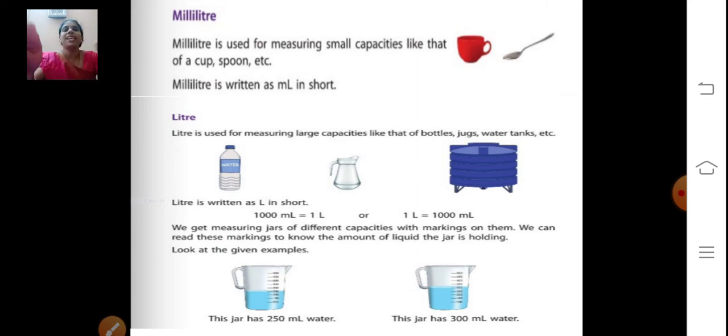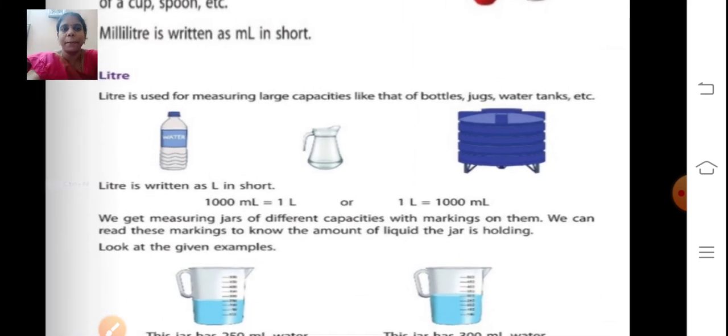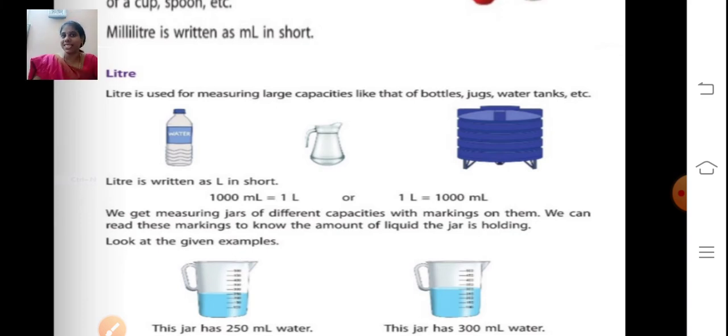Milliliters are used for measuring small capacities, and liters are used for measuring large capacities, like bottles. We have 1 liter bottle, 5 liter bottle. Have you seen a 5 liter bottle? 20 liters also we have, right? And 10 liters, we have more, right? So liter is used for measuring large capacities like that of bottles, jugs, water tanks. A water tank can hold more water, right?